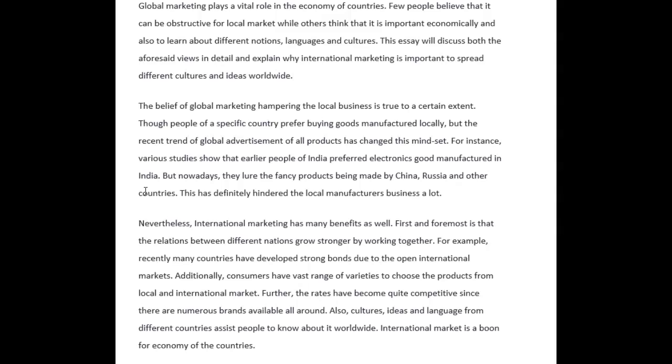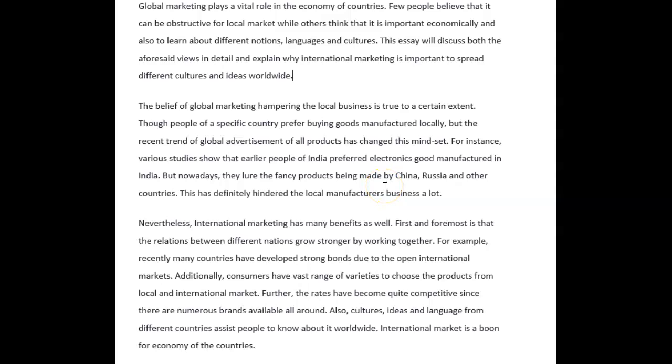But again, it is a little talking about trade and people and consumer buying habits, which isn't what you were supposed to be talking about. And then you had some wrong vocabulary here. So nowadays they prefer products being made by China, Russia, and other countries. This has definitely hindered the local manufacturers' business a lot.